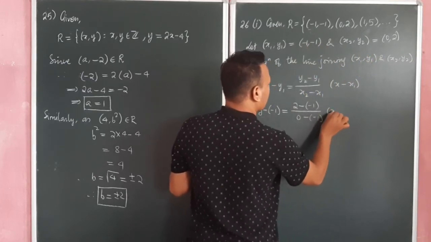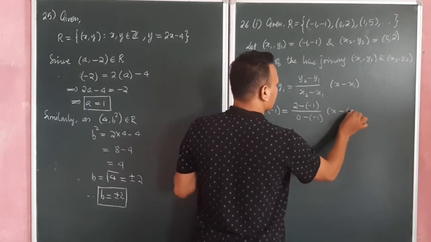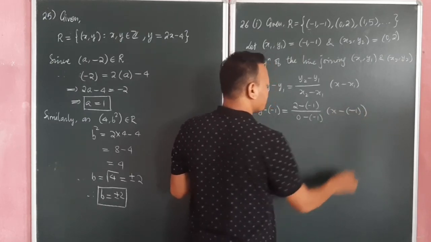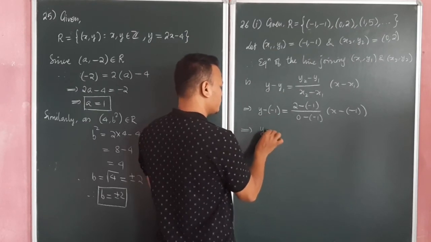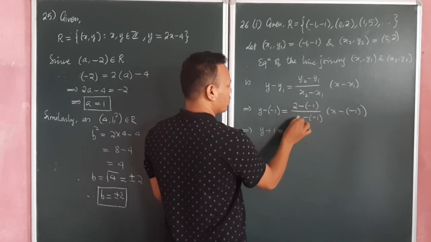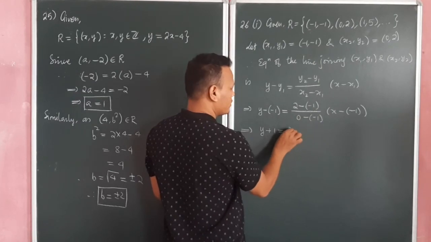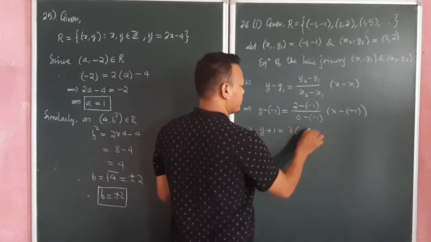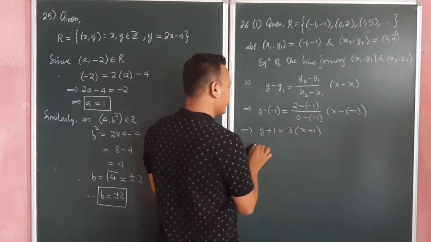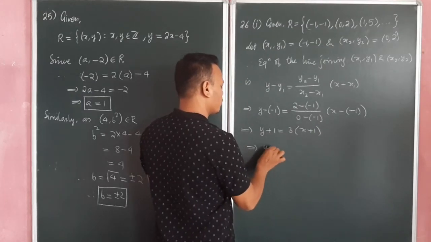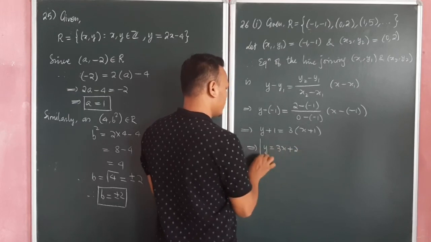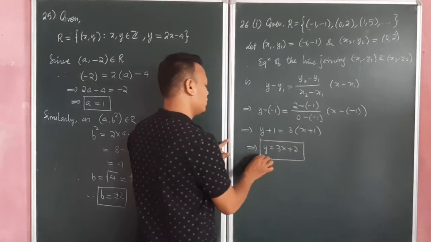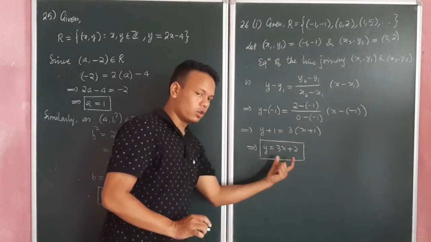So x minus x1, x1 is minus 1. All right, so let's simplify this. So we have y plus 1 equals 3 by 1, isn't it? So 3 by 1 is 3, and this is x plus 1. So simplify this, and you will get y equals 3x plus 2. All right. So this is the linear relation that we got from here.